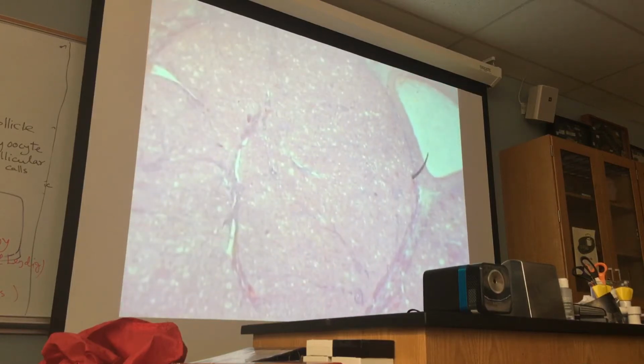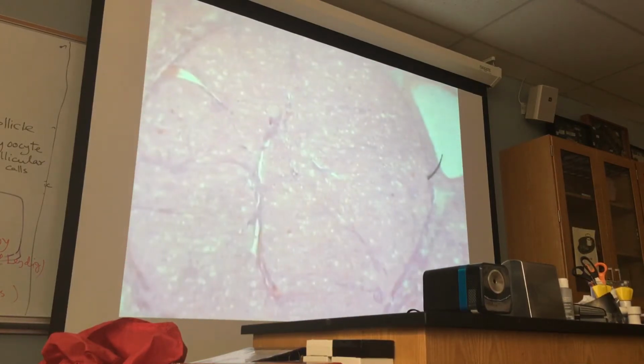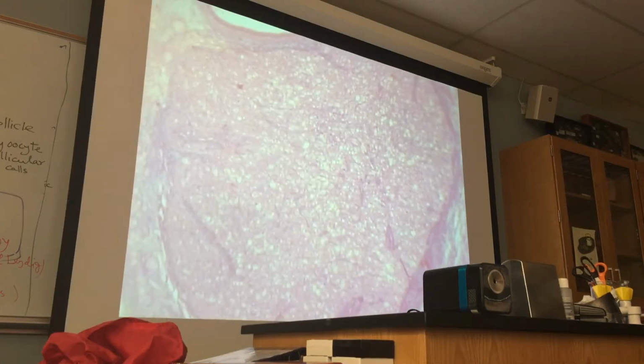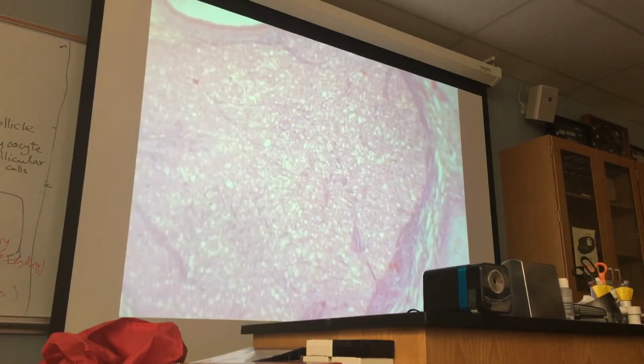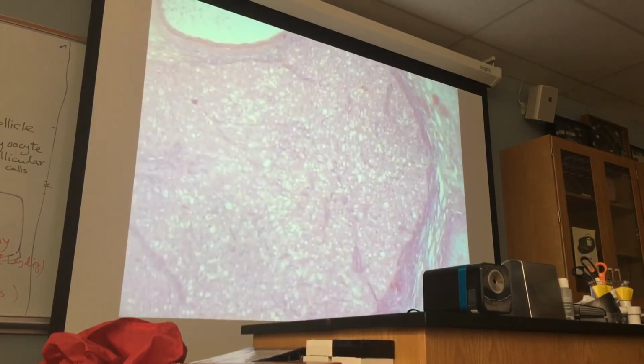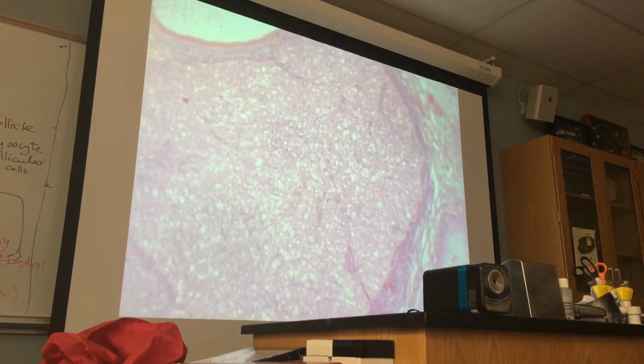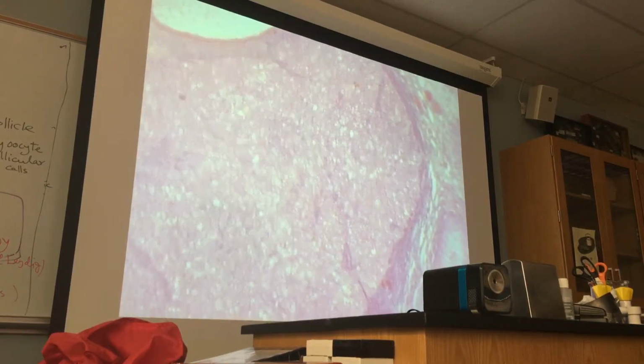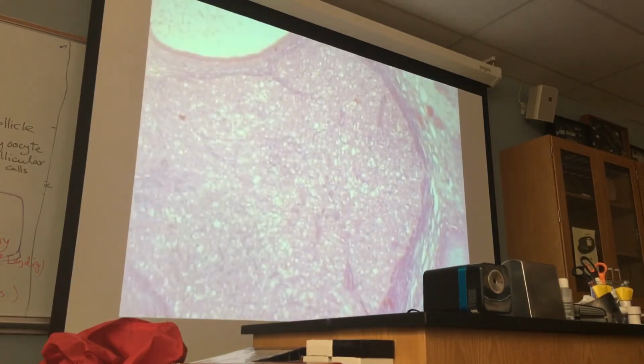Look here, this is another corpus luteum. Here is another corpus luteum. And we can see in this ovary 3 fully formed corpora lutea. Corpus luteum is singular, corpora lutea is plural.